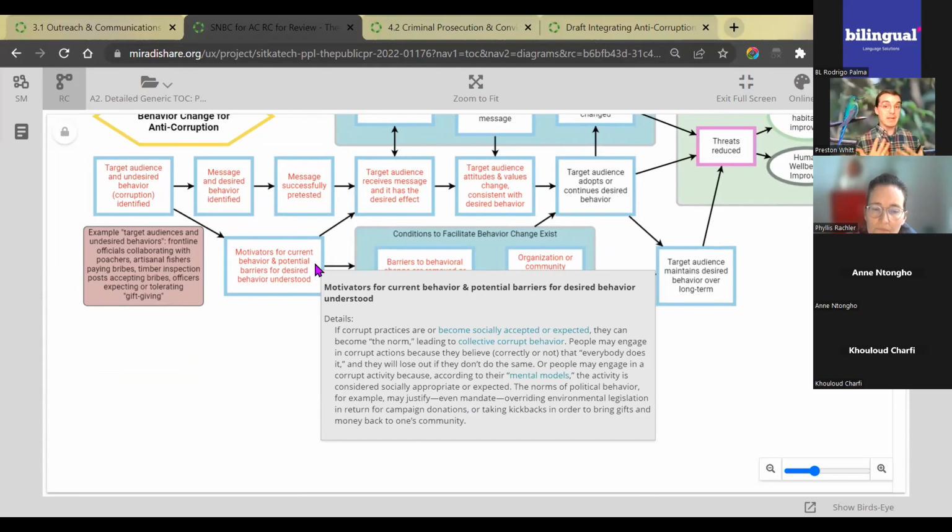This is especially important for anti-corruption behavior change because in a lot of contexts, either the thing that we as external actors consider as corruption may not be seen as such by the folks whose behavior we want to change, or in certain contexts, corrupt practices can themselves become the expectation. In those cases, it becomes a lot harder to point at something as corruption and get people to change their behavior.